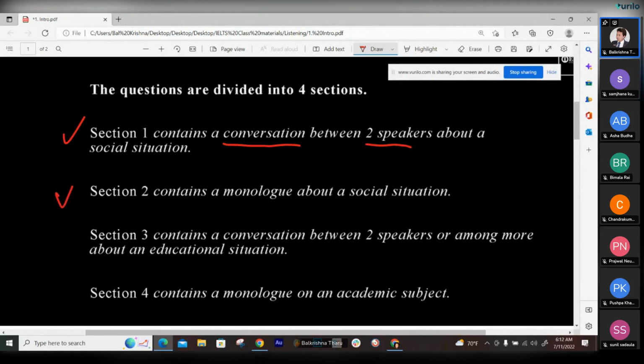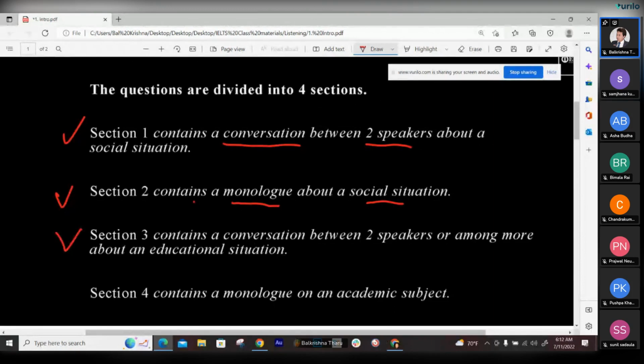What are you going to listen to in section 2? Contains a monologue. Monologue means only one person speaking about a social situation. Social situation again in an English speaking country.